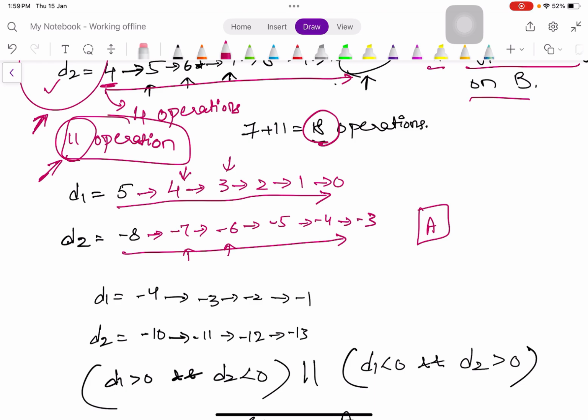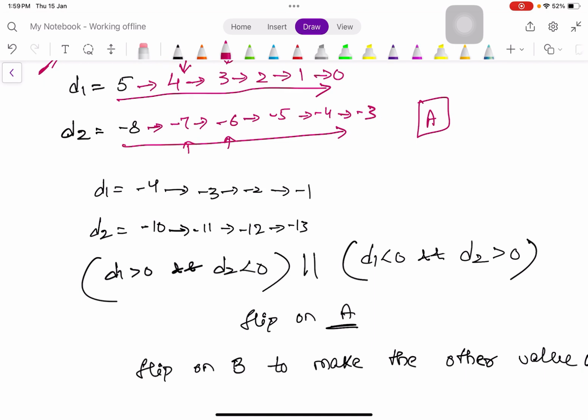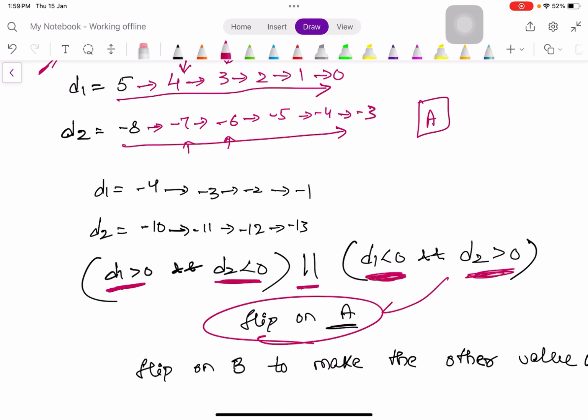We do directly flip operation on string B. So to conclude this, we can say that if D1 is greater than 0 and D2 is less than 0, then we can perform flip on A. Or D1 is negative and D2 is positive, then also we can perform flip on A. This will lead both of these numbers towards 0. Both of these differences will bring it towards 0. But at the same time, they will not become 0.